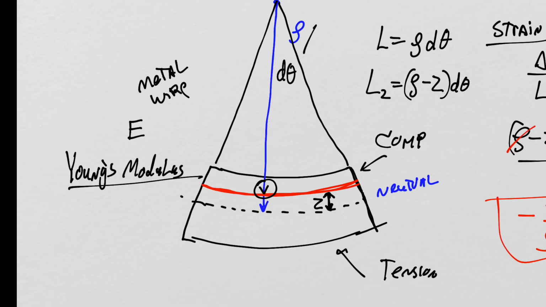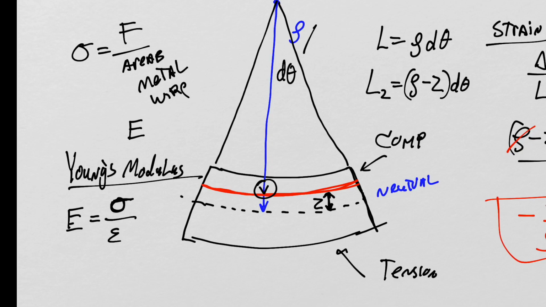And the Young's modulus tells us that given a certain amount of stress on the wire, and stress equals force per unit area, then we will accomplish a certain amount of strain. So the stress on the wire, which is related directly to the forces in the wire, is equal to the Young's modulus of the wire times the strain of the wire.